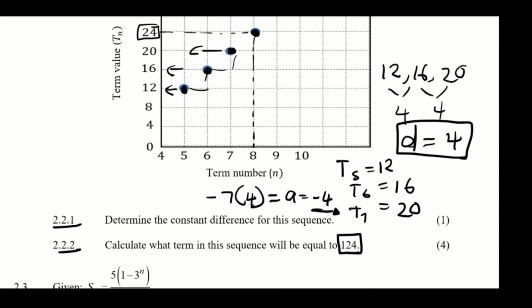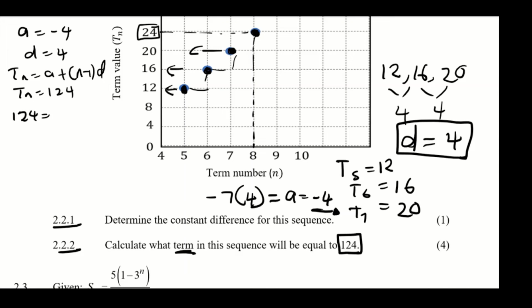So we're having our a value being equal to minus 4, we're having our d value being equal to 4, and our Tn is equal to a plus n minus 1 times d, right? And we are asked to find the term such that it's equal to 124. So Tn is equal to 124, meaning 124 is equal to our a value, which is minus 4, plus n minus 1, our d value is 4. So you transpose the minus 4 to the other side.